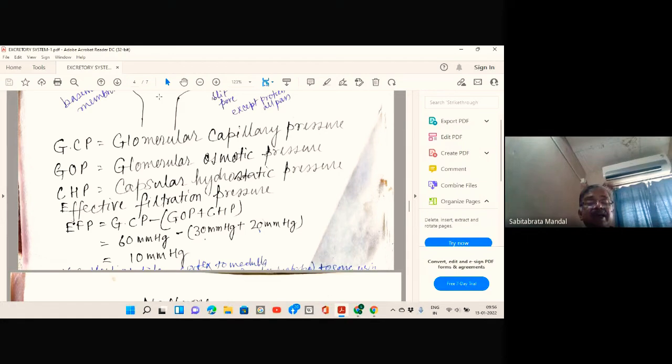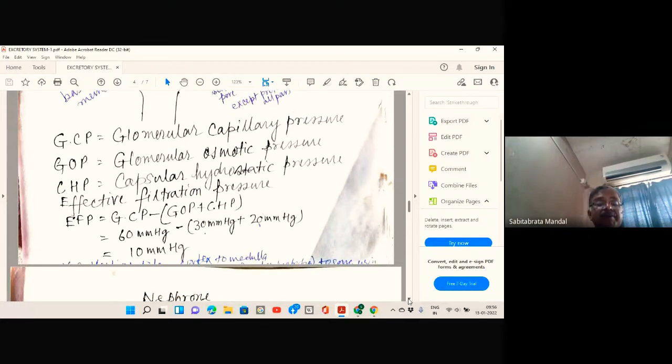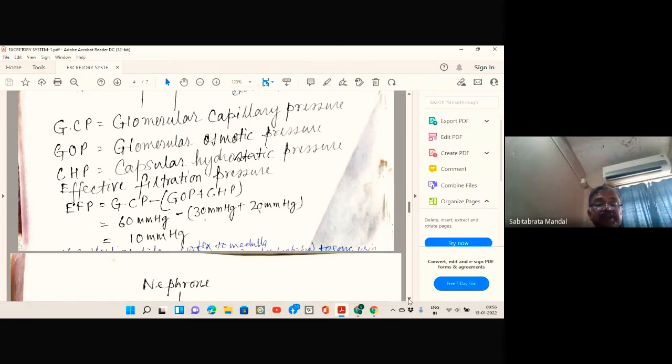Here the Bowman's capsule is full of water or liquid, which gives a pressure against the glomerular capillary pressure. So you can find here that glomerular capillary pressure is 60 mmHg, minus glomerular osmotic pressure 30 mmHg, and capsular hydrostatic pressure is 20 mmHg. So effective filtration pressure, the pressure with which the whole filtration process is taking place, is 10 mmHg. Okay.